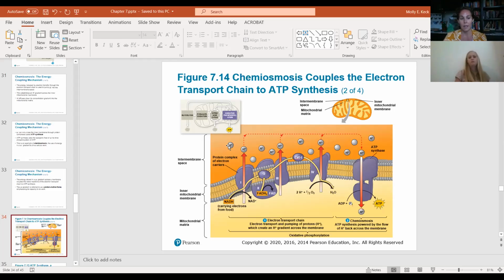In that process of all these hydrogen molecules accumulating and then being allowed to move back in, you get this crank turning. Every time a hydrogen pops through, it turns this crank, and every time it cranks, it gives off ATP. So the NADH and the FADH2 have all that potential energy because they have the hydrogens to go across the mitochondrial membrane and then get shoved back through because there's way too many out there.